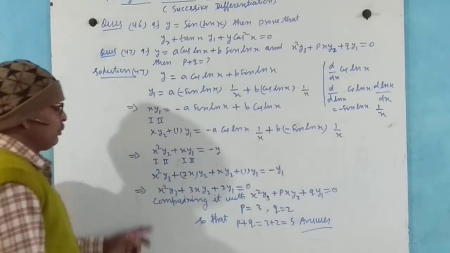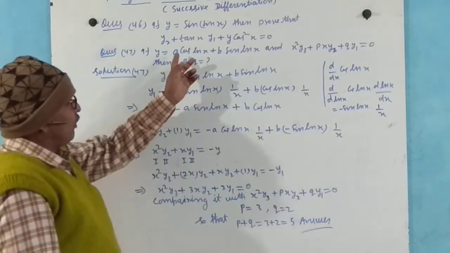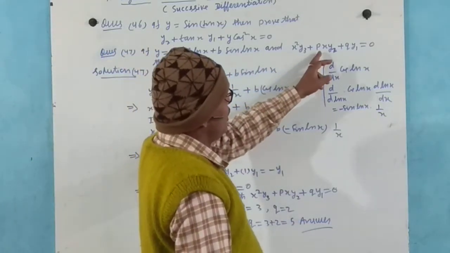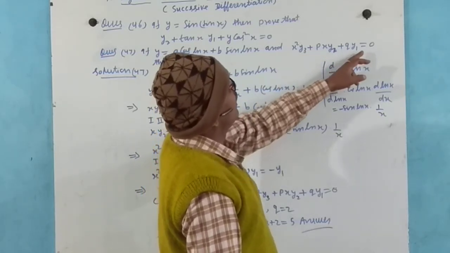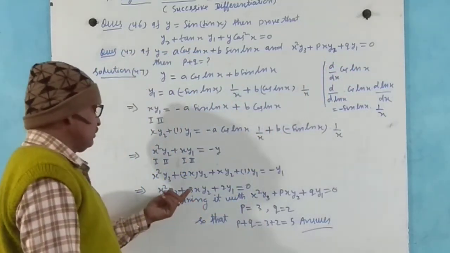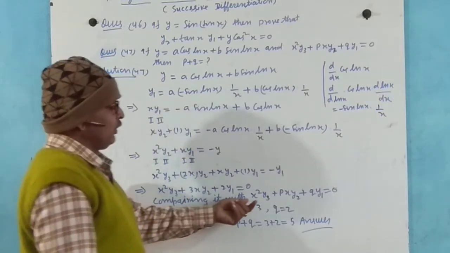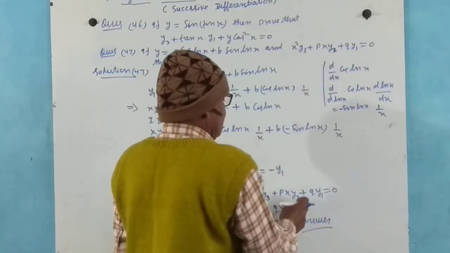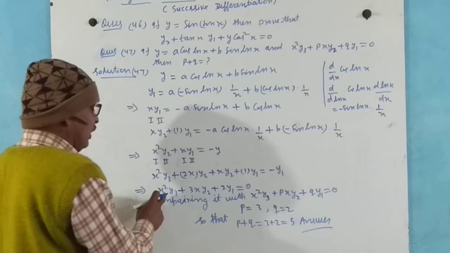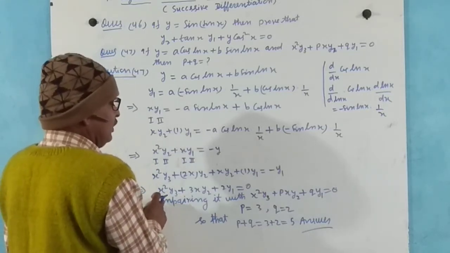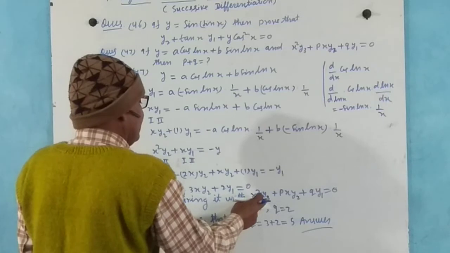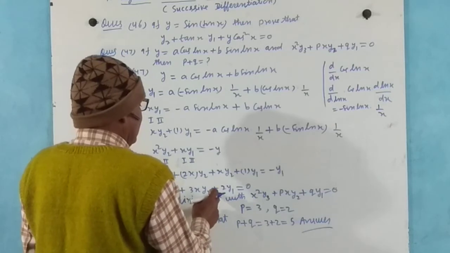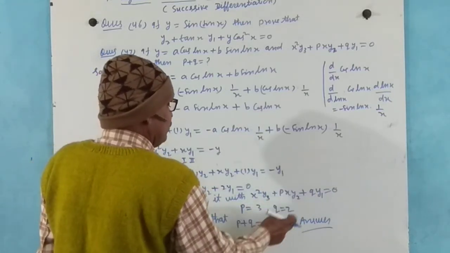Now given that y is equal to a cos ln x plus b sin ln x and x square y3 plus p x y2 plus q y1 equal to 0, comparing it with x square y3 plus 3x y2 plus 2 y1 equal to 0, we get p equal to 3 and q equal to 2.